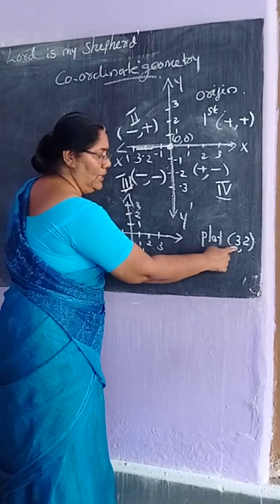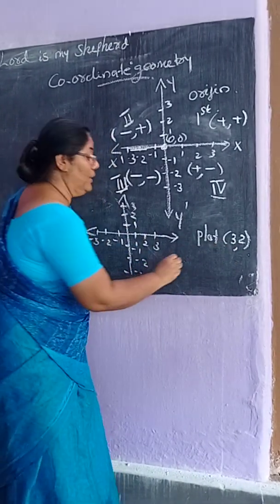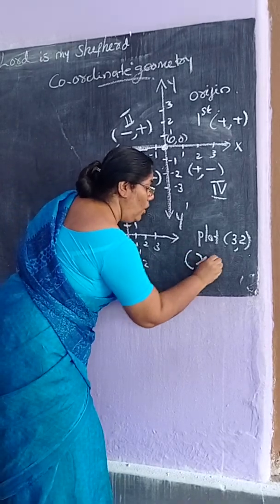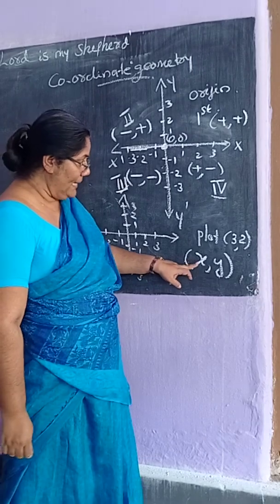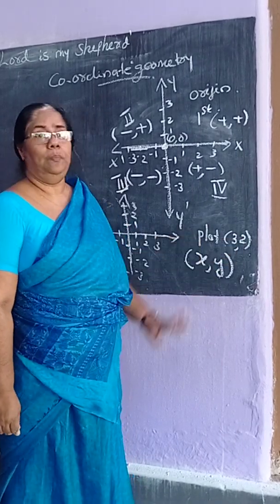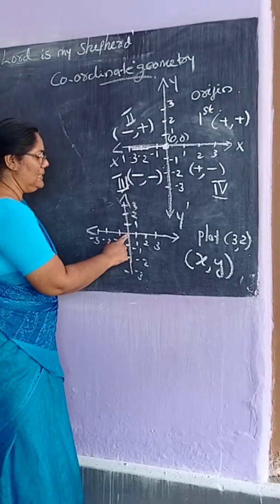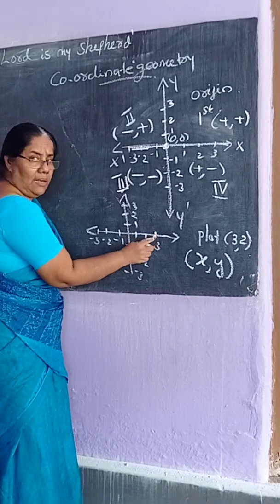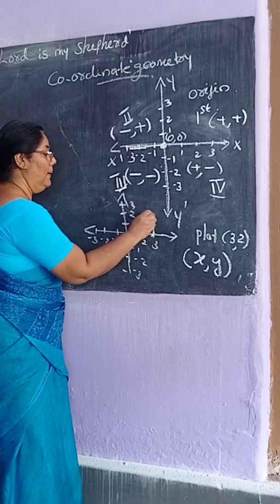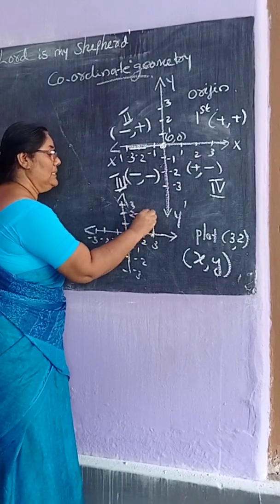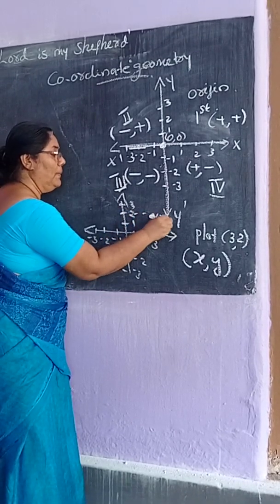What's the meaning of 3, 2? Actually, the general notation of a point is x comma y. Right? That means x is 3, y is 2. Here you can mark x as 3, and y as 2 is this. Therefore, this is the point 3, 2.